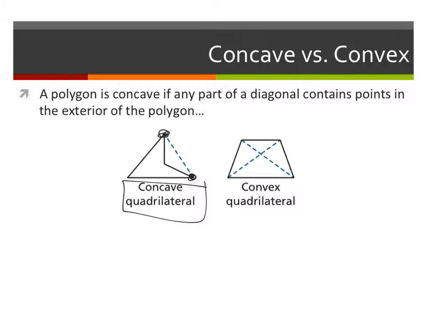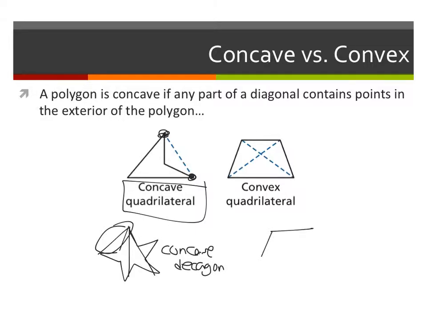For the convex quadrilateral on the right, all the diagonals are inside the polygon. They don't touch the outside. Therefore, it's convex. So if you think about a star, while these diagonals are inside, this diagonal is on the exterior of the polygon, which means that this is a concave decagon.